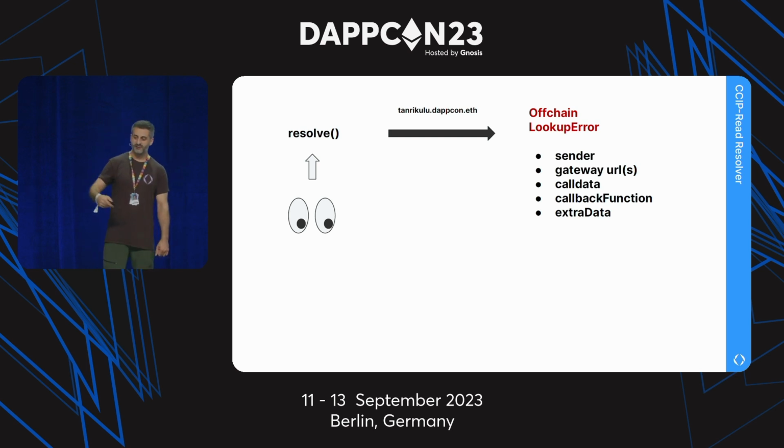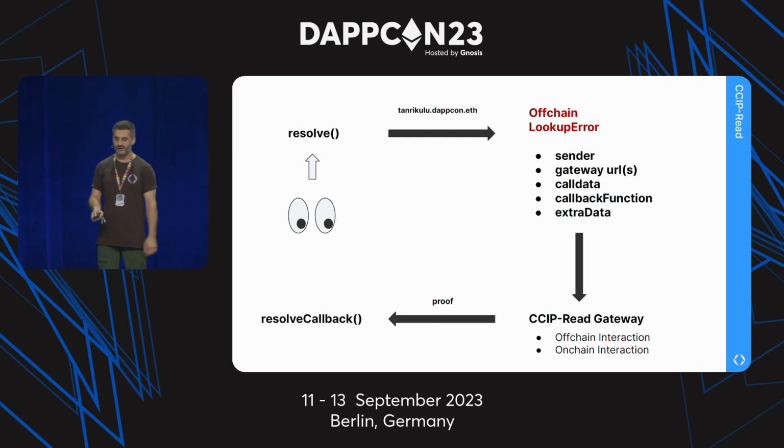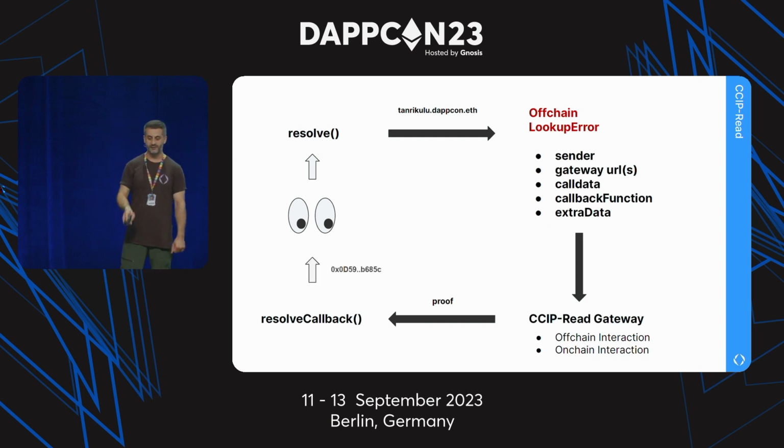Then the client asks the CCIP read gateway, and based on the scenario, either off-chain or on-chain, it retrieves the information from wherever it is, and then retrieves back the proof and the information to the resolve callback function, which tells you, yes, this is the address. And you get the information at the L1 level.